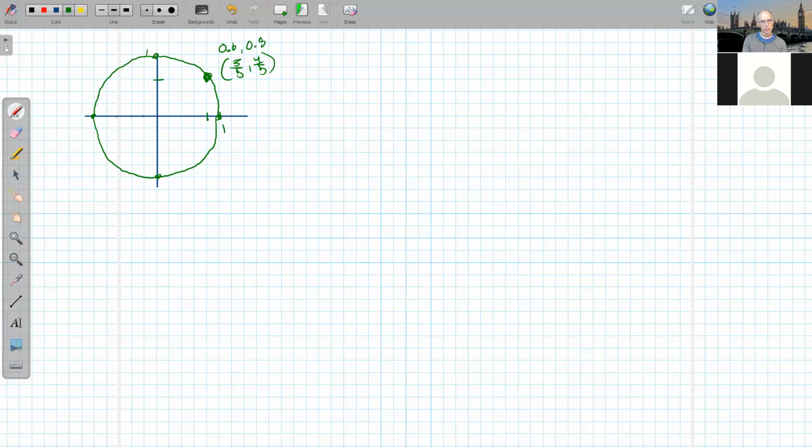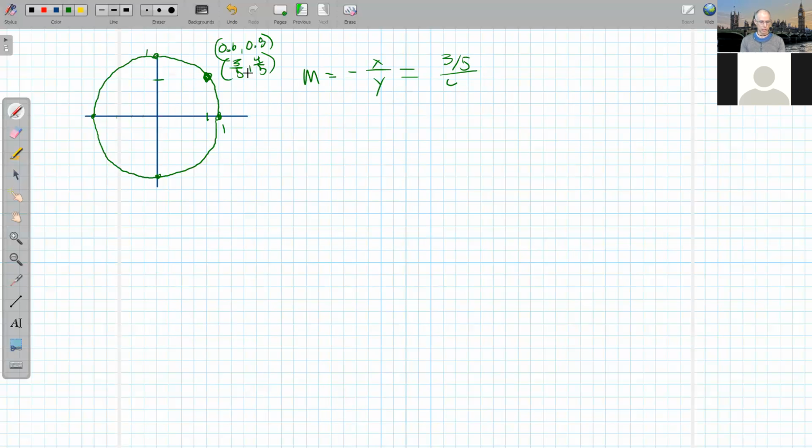Or you could call it 0.6, 0.8. So this is on my circle there, and I believe the slope at that point, m, according to my calculation, is the opposite of the x value divided by the y value. So let's see, what's my x value here? It's 3/5 divided by the y value, which is, oh, did I write those backwards?